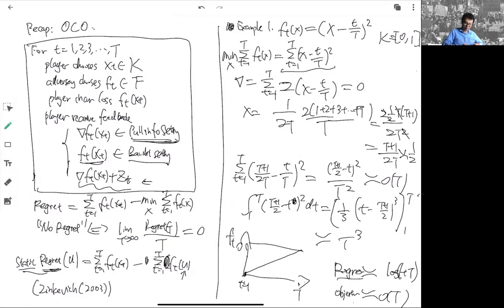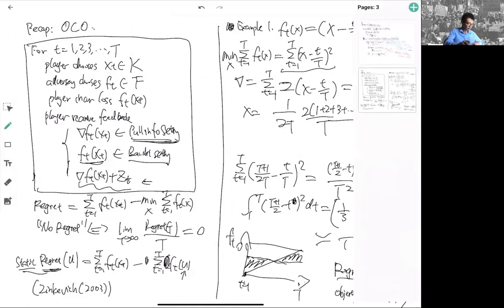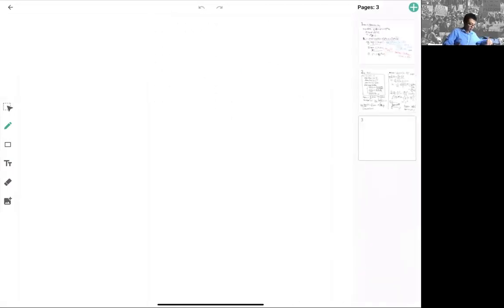So the best comparator would be here, and the loss that you suffer is this shaded area, integrated with an additional square. So you can do as well as this, but that seems to be a very low bar to boast about. So the question is obviously, can we do better?